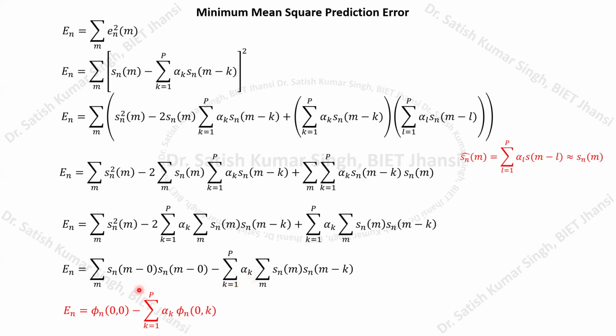So by having this particular equation, En equals phi n 0 comma 0 minus the sum over k equals 1 to p, and we have to substitute the values of alpha k that we calculated previously, right? This corresponds to the values for which we have minimized the mean square prediction error. So after minimizing, we have got the values of alpha k. If you substitute them, you will be able to get the value of the minimum mean square prediction error.